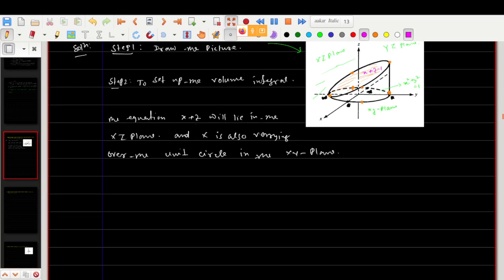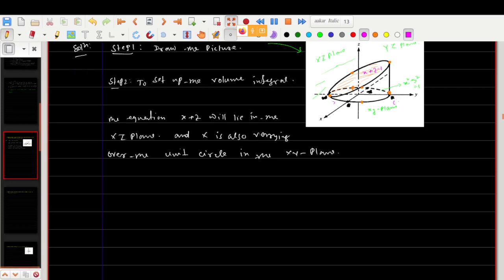So this one is the unit circle, so the point is 1, 0, 0. And this one is minus 1, 0, 0. Okay, sorry, I have written the y axis, so let me change it. It should be 0, 1, 0, and this one should be 0, minus 1, 0.